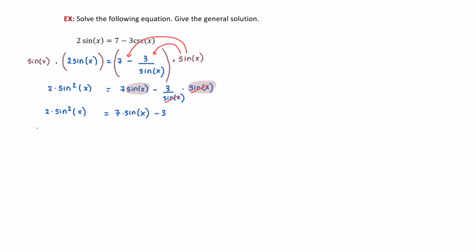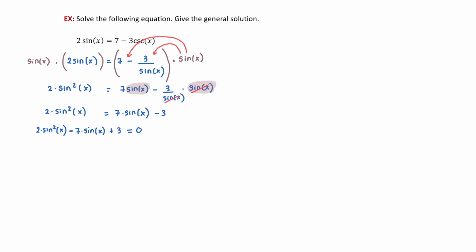That means that we're going to have 2 times sine squared x, that will stay on the left, minus 7 times sine x plus 3 equals 0. So here is the quadratic equation.